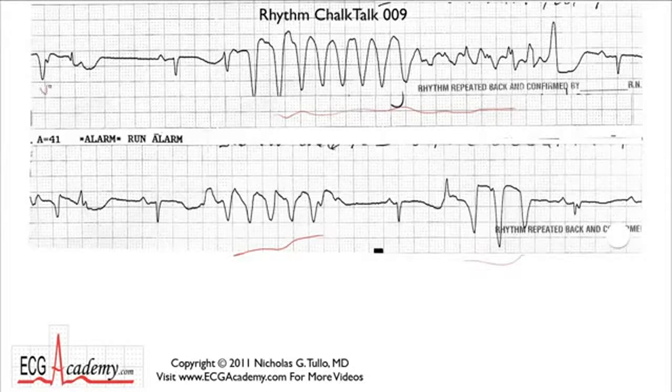So these first couple of beats, they really do look wide and bizarre, and they certainly could be ventricular beats because of that. But lo and behold, thank goodness we actually found a normal-looking beat. So we have somewhere to start. You have a nice-looking P wave. We have a PR interval that's fairly normal.